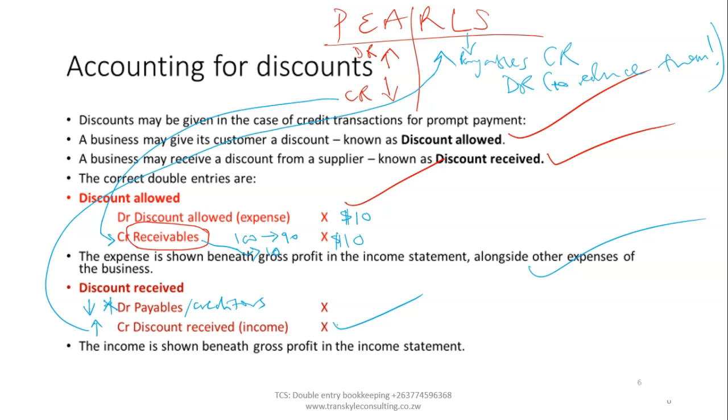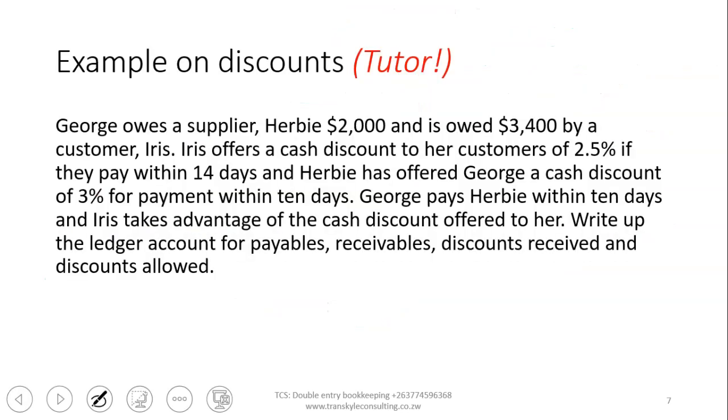Revenue is also called income. This is income, liabilities, and share capital. When we want to increase the revenue, we have to credit it. So discount received is income. This is why it is being credited here. I'm sure we are together.